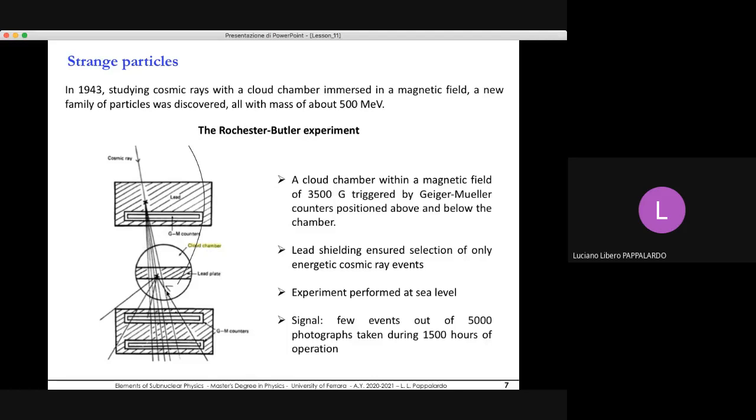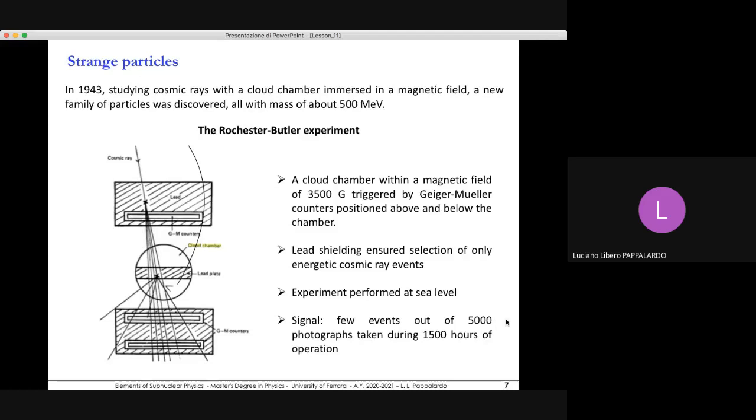And then you find also the tracks, the original one, and also the ones created by the reaction, measured in the bottom Geiger-Müller counters.